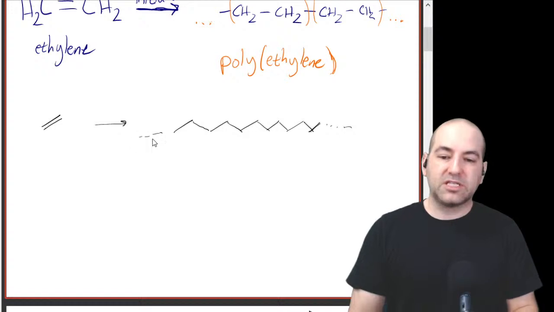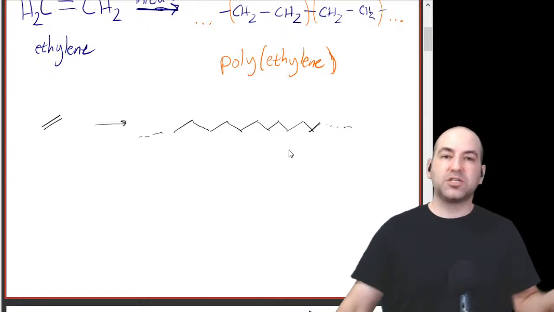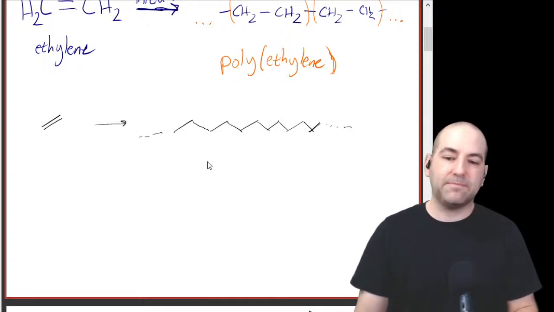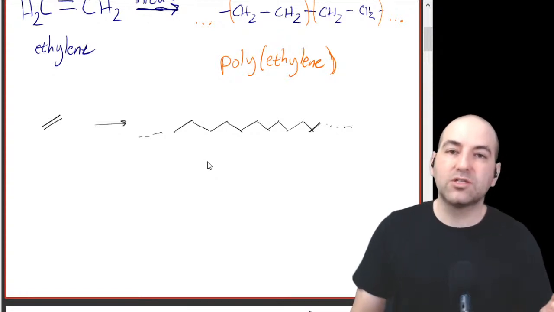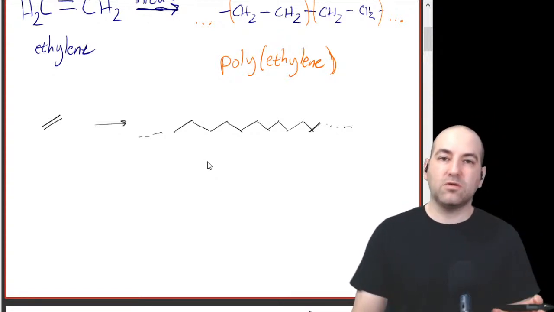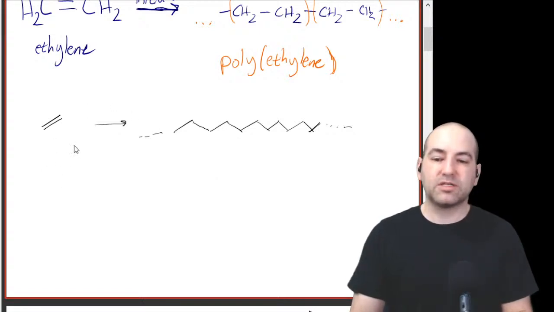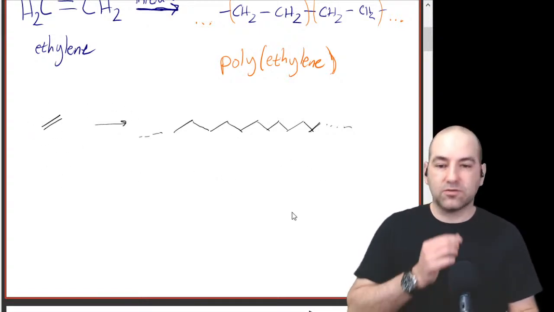Now, notice how we're not really specifying length here. We're just saying it just keeps going. And that's a fine way to do it. But the most efficient way to show that something is just going and going and going is to only express the repeat unit. So the smallest bit that expresses the monomer, and then show that it's repeating.